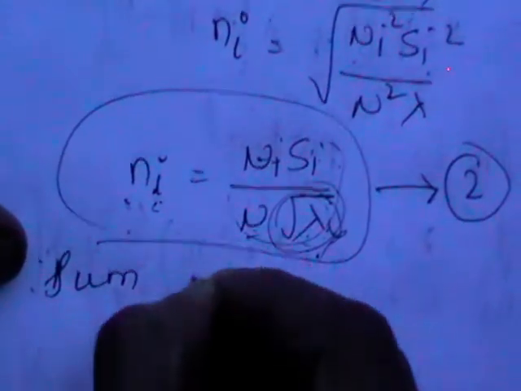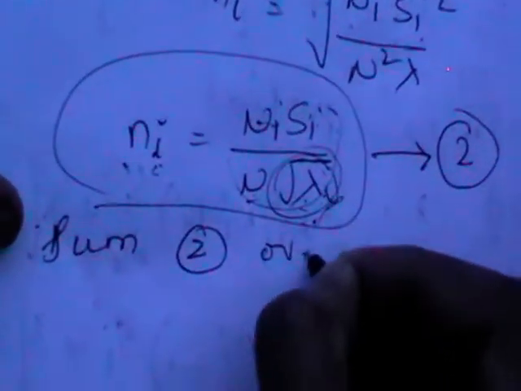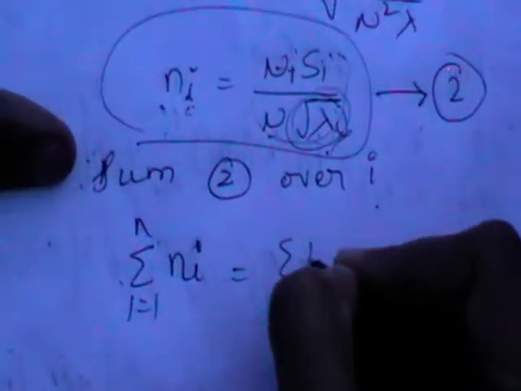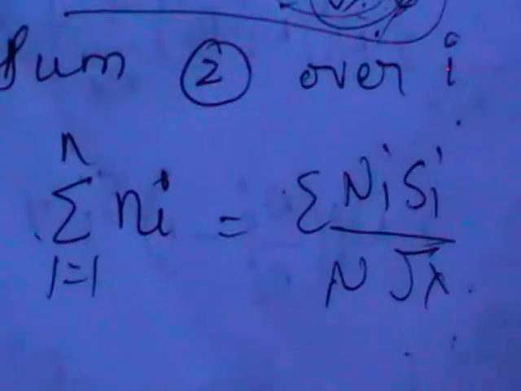To find this, let us sum equation number 2 over i, means on both sides you take summation with respect to i. So what is sigma ni? What is the condition you are making use of? Sigma ni is equal to n.